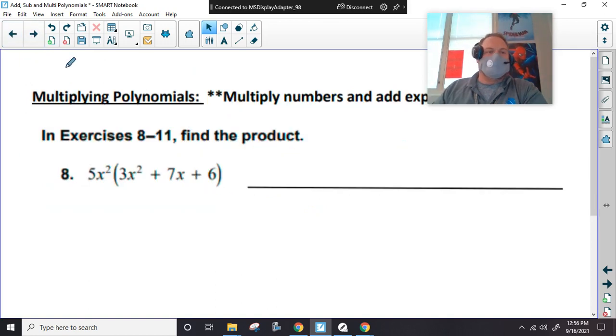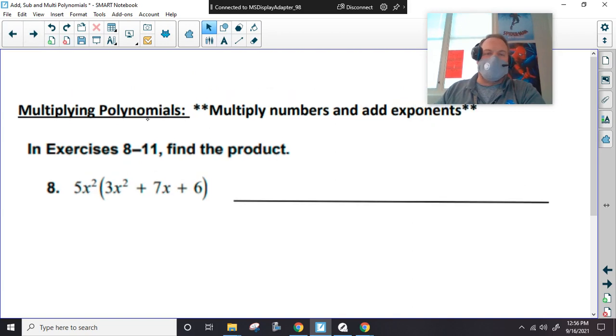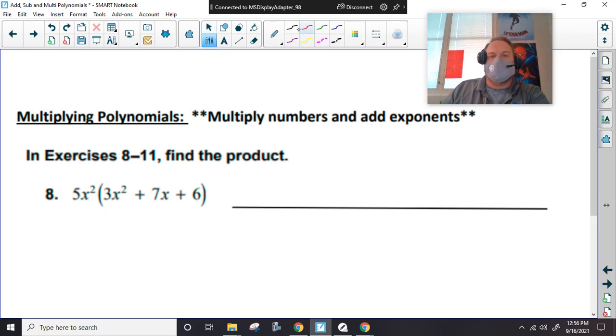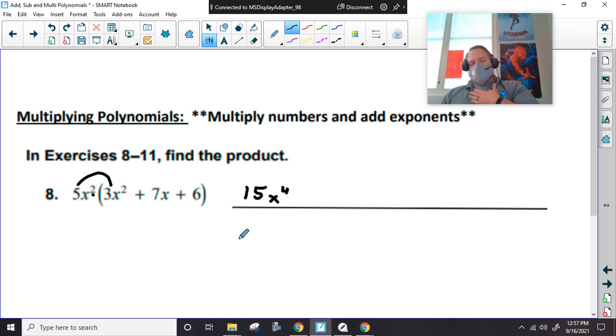Now, all right, multiplying. You multiply the numbers and add the exponents. Okay, so 5 times 3 is 15. Okay, and we add the exponent, so 2 plus 2 is 4. All right.